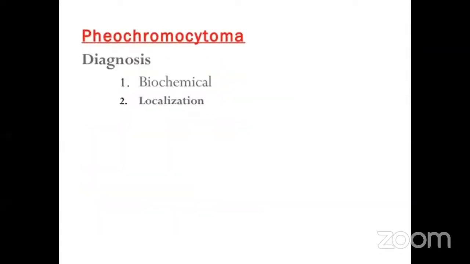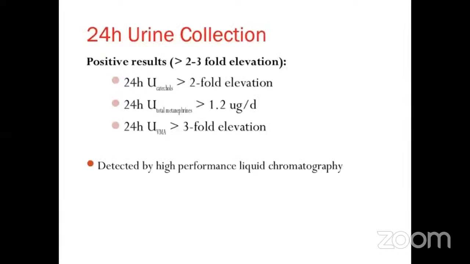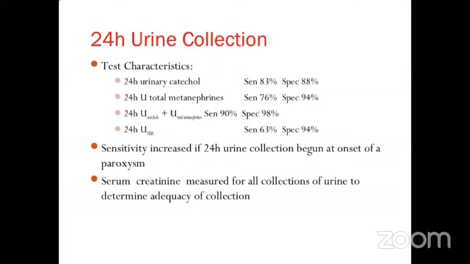Coming to the diagnosis of pheochromocytoma, based on biochemical tests and localization. The 24-hour biochemical tests include a 24-hour urinary collection, which will detect the metabolites in the urine.